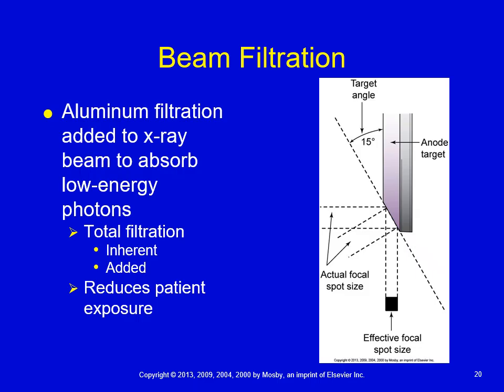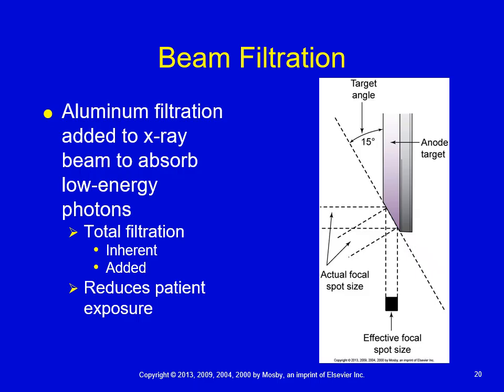So the inherent filtration is approximately 0.5 millimeters of aluminum or aluminum equivalent. Again, typically consists of the oil bath and the envelope, whether it's glass or metal, and also that glass window of the housing. And then added filtration is something that is added by law.